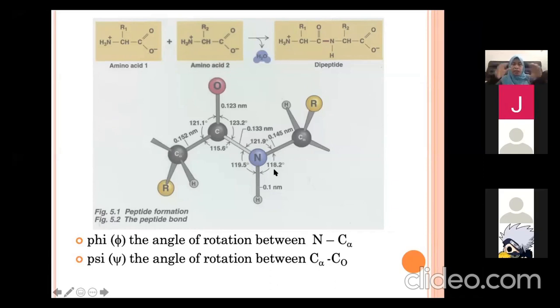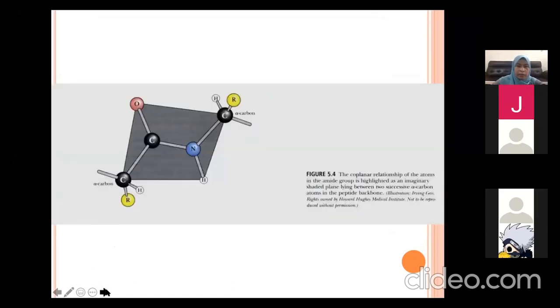Okay, the torsion angle. We will go into detail on this side. You need to imagine that your protein is in a planar shape, in this plane. In this plane, the protein, the amino acid, can be rotated.